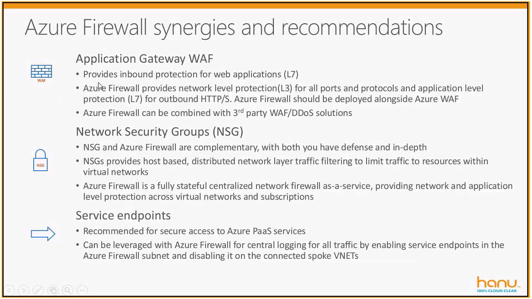These provide inbound protection at layer 7, which is based on HTTP and HTTPS protections. And if we include Azure Firewall, I guess we'll get layer 5 protection also, covering RDP, SSH and all these things.